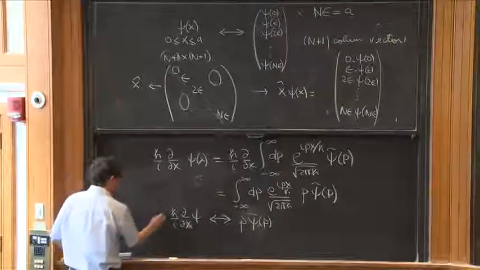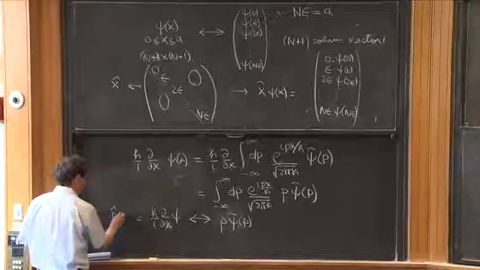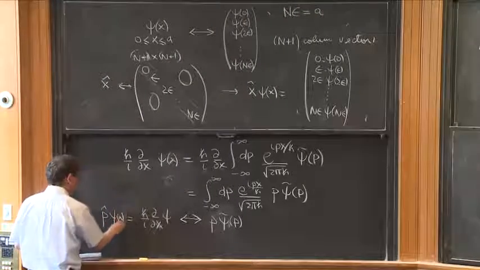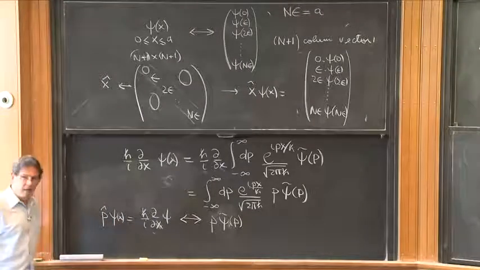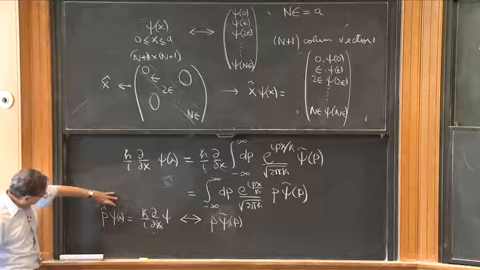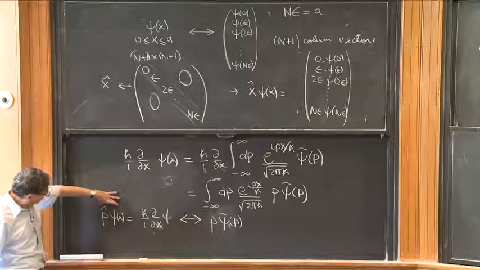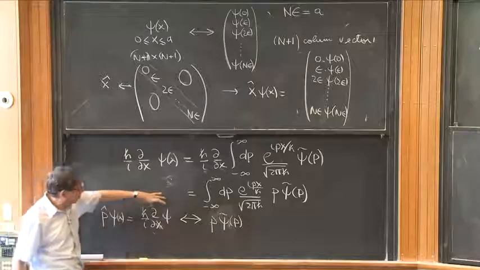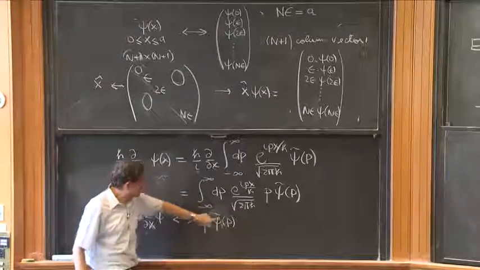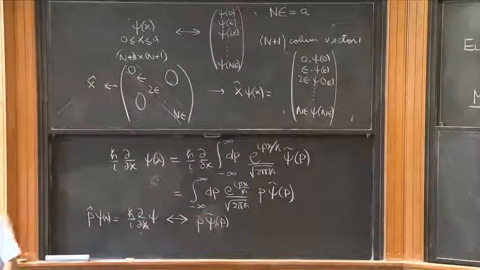And this was p hat acting on psi of x. So the corresponding thing in momentum space of p hat acting on psi of x is p multiplying psi tilde of p.